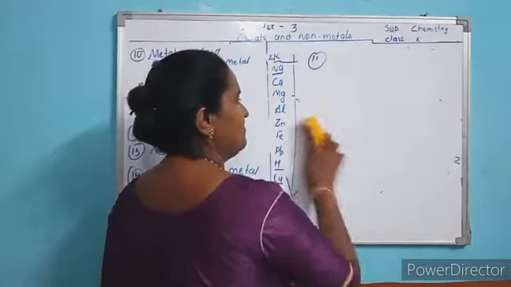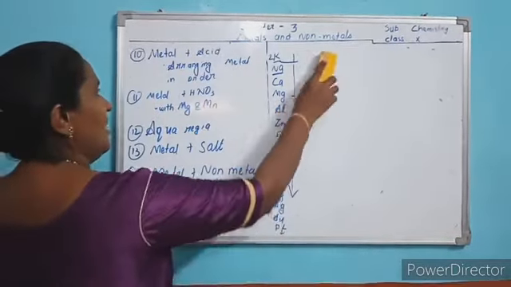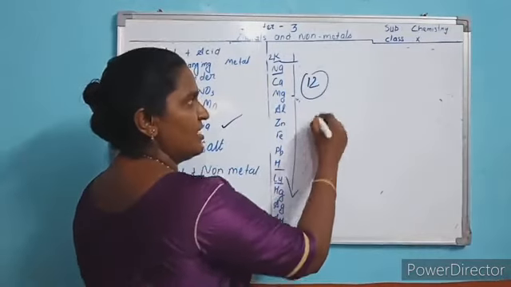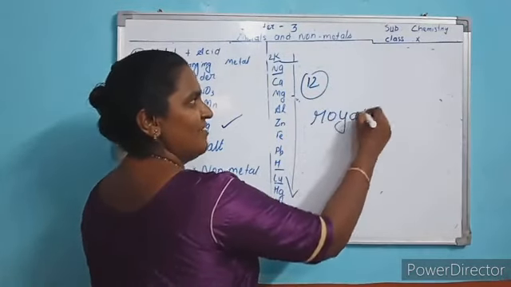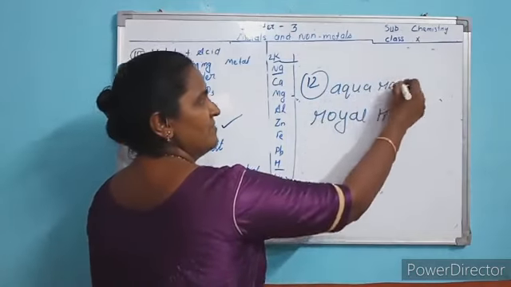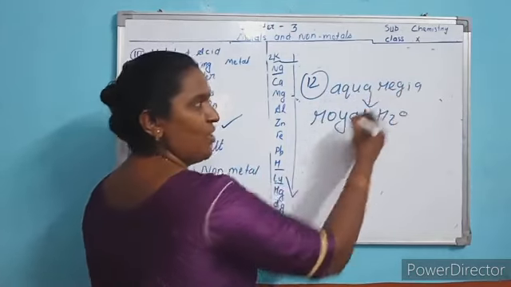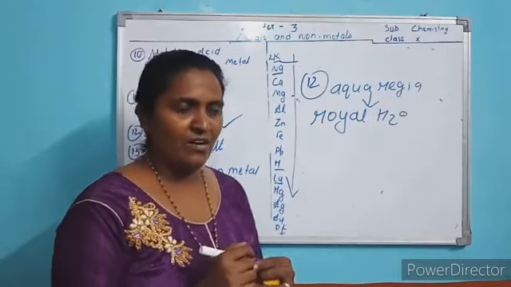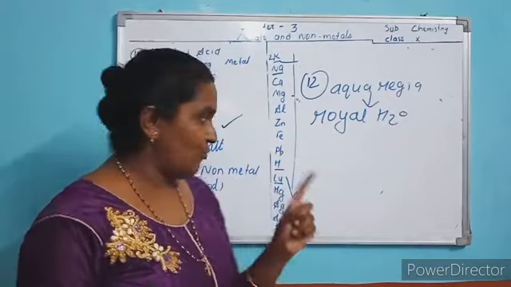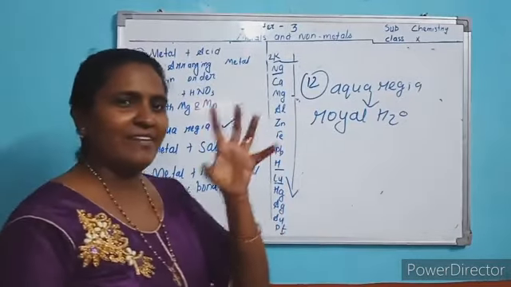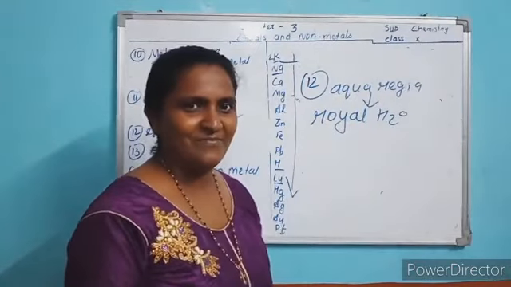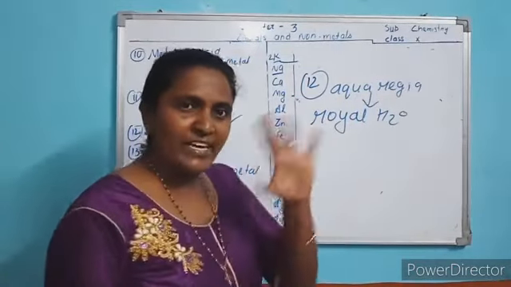Next one is aqua regia. Aqua regia means royal water, because the noble metals, gold and platinum, never react with other acids and never dissolve in any solvent.